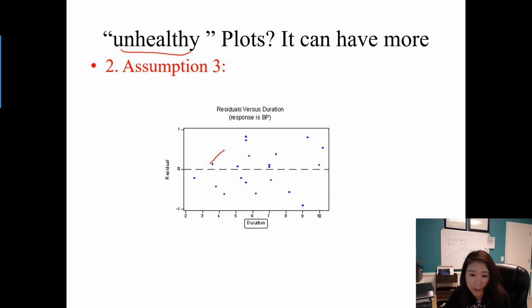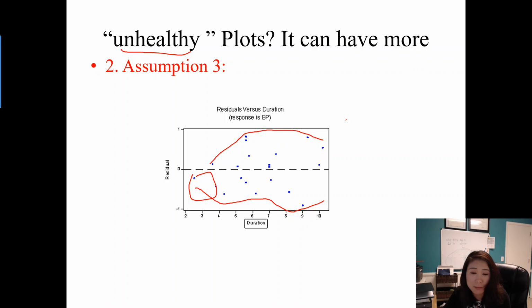So let's draw the edge of this curve. You're noticing that this is not symmetric around this 0 line. You do have dots above the 0 horizontal line and below, but you can see this part makes our chart asymmetric. So they are not symmetric. Therefore, this diagram indicates the model is violating my assumption 3.